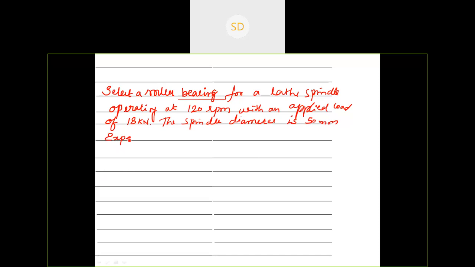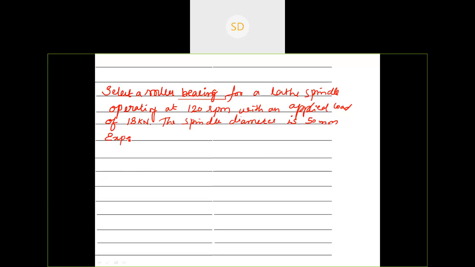Now let us substitute. Ln required has to be equal to Ln calculated.